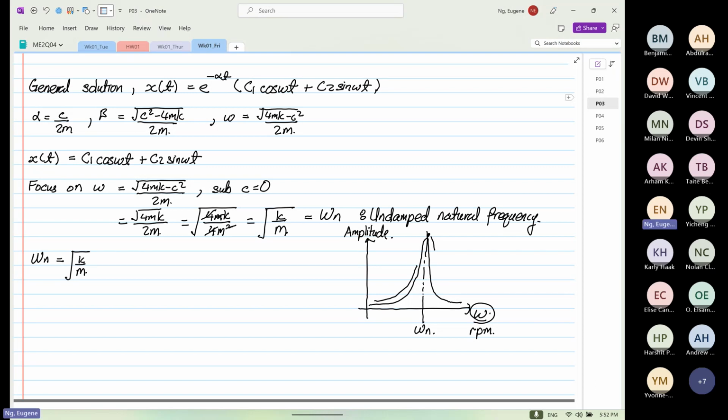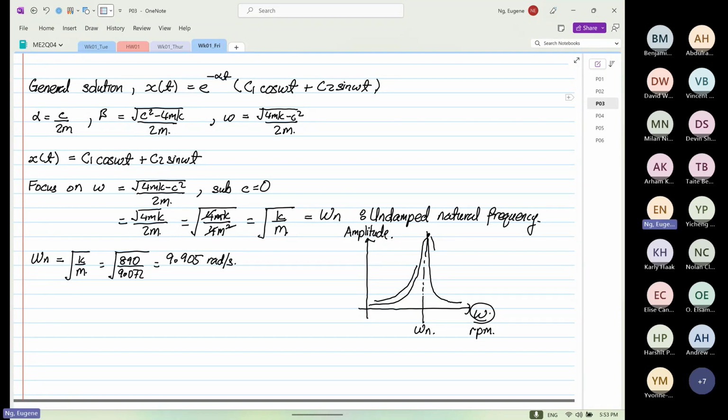So this will be equal to the square root of 890 over 9.072, and omega n is 9.905, the square root of 899.072, and this is in radians per second.